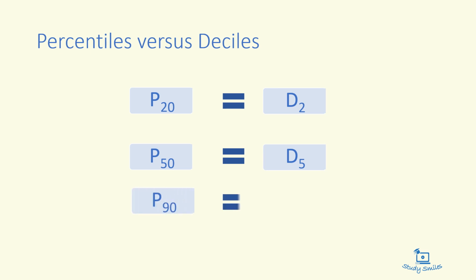And the 90th percentile would be equivalent to the 9th decile. What this also means, of course, is that you are already able to calculate deciles from your knowledge of how to calculate percentiles. We'll do an example anyway, but this time we'll find the interdecile range using a cumulative frequency diagram.